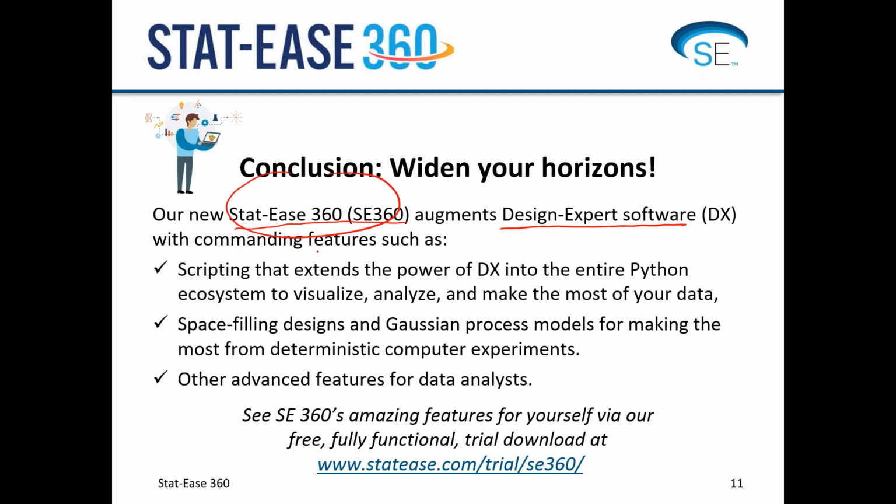But with the 360, you're going to get some commanding new features that I've been demonstrating. The last thing I showed is the scripting for the Python. And then before that, I talked about the space filling designs and Gaussian process models that make the most from these deterministic computer experiments. And then there's some other advanced features that you might look into, particularly for those of you that are data analysts or advanced practitioners of design of experiments.